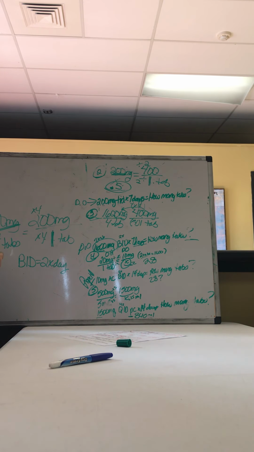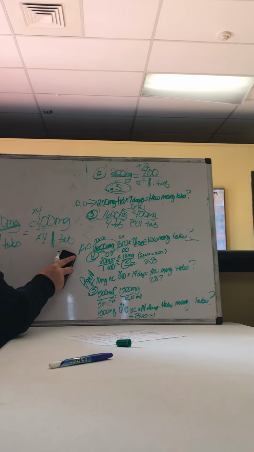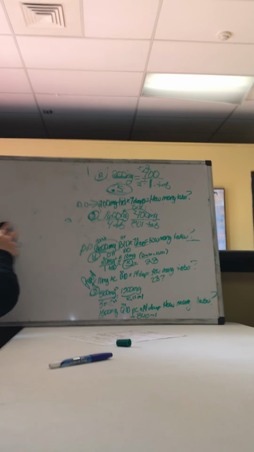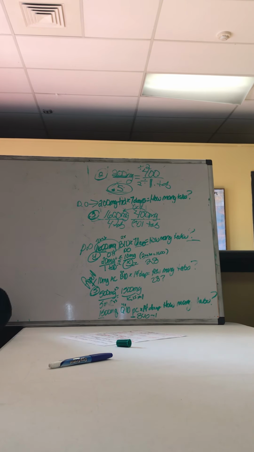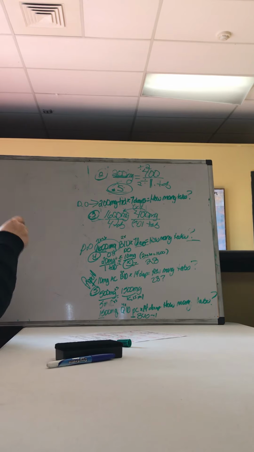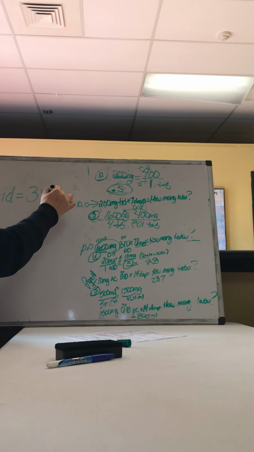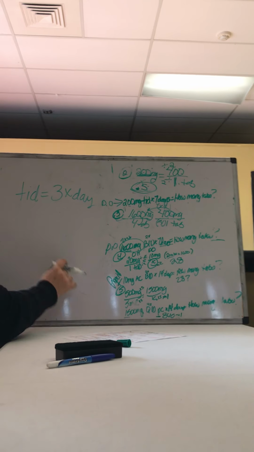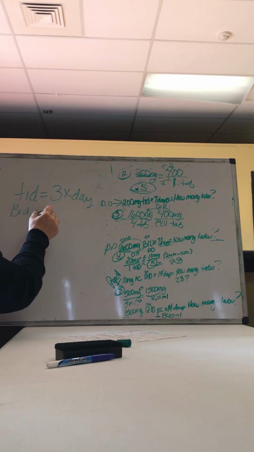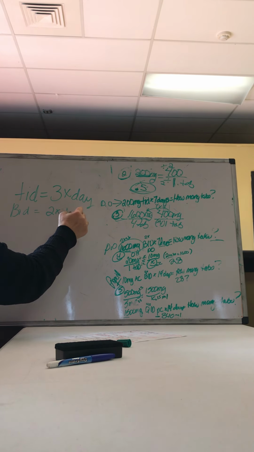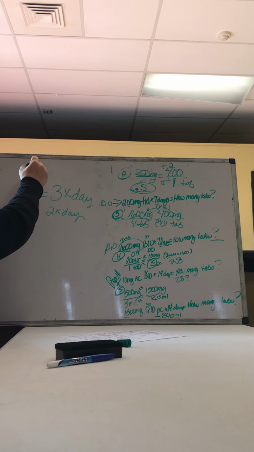Okay, so imagine you have an order that reads TID. We already know that's 3 times a day, right? BID, 2 times a day. You have to remember all those SIG codes.